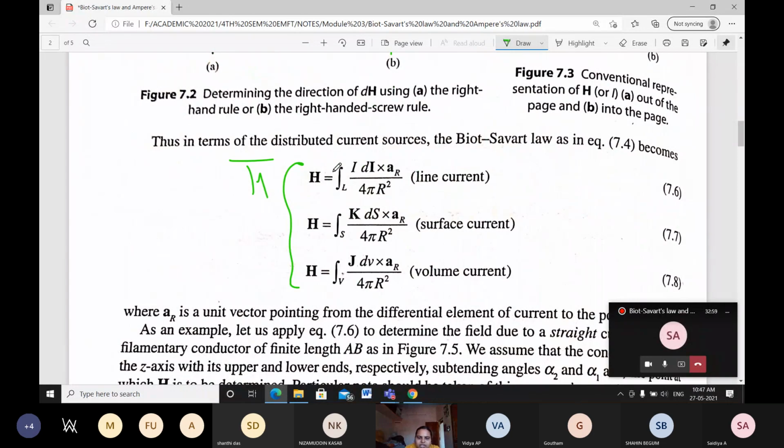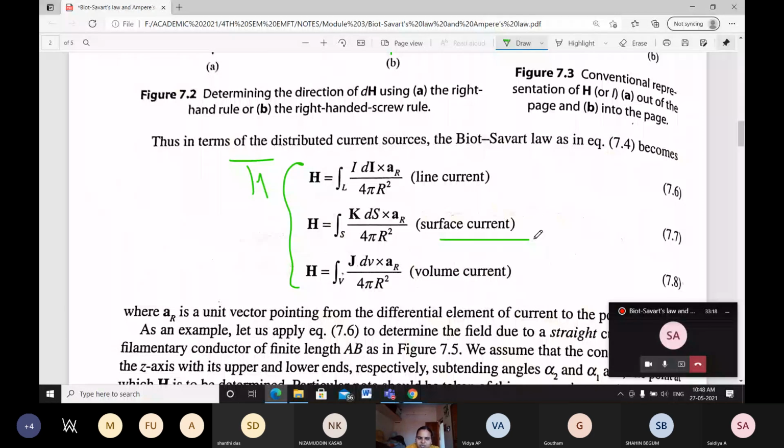The integral with respect to line L of I dl aR divided by 4 pi R square. Then for surface current, the integral of K dS with respect to surface, aR divided by 4 pi R square. With respect to volume current, you just replace it with J dV. That's it. The remaining will be as it is.